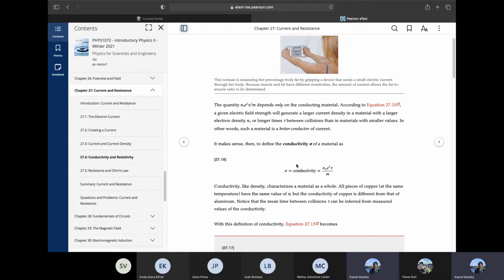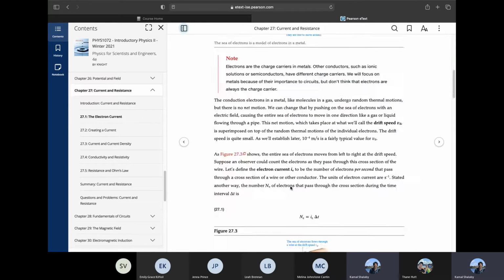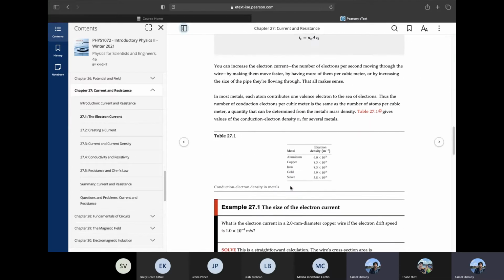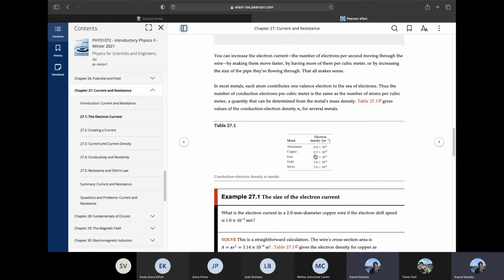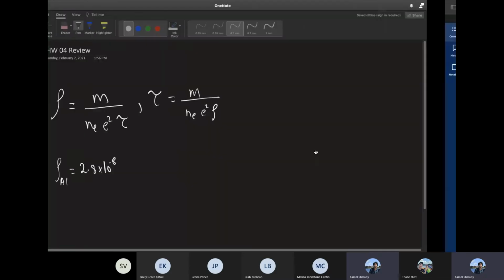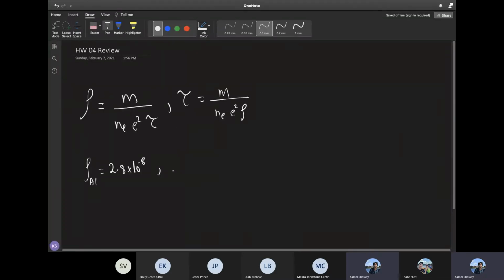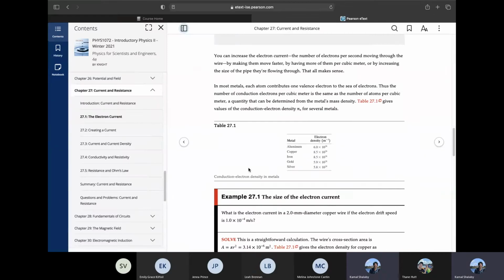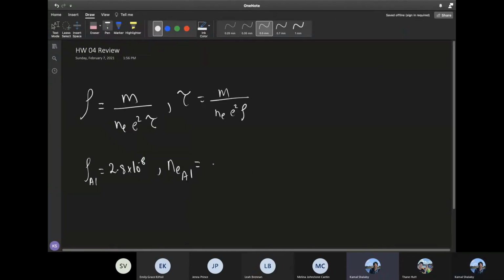Now you can find the electron density from section 27.1 in this table. And the electron density of aluminum is 6 to the power of 28. So electron density of aluminum is equal to 6 to the power of 28.